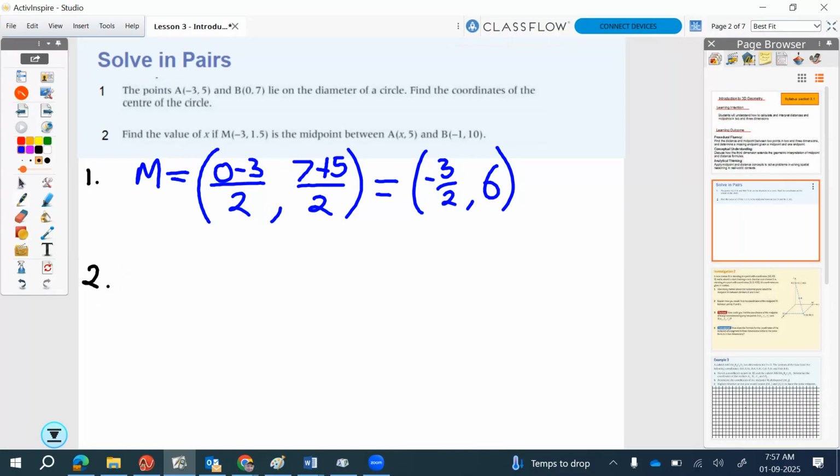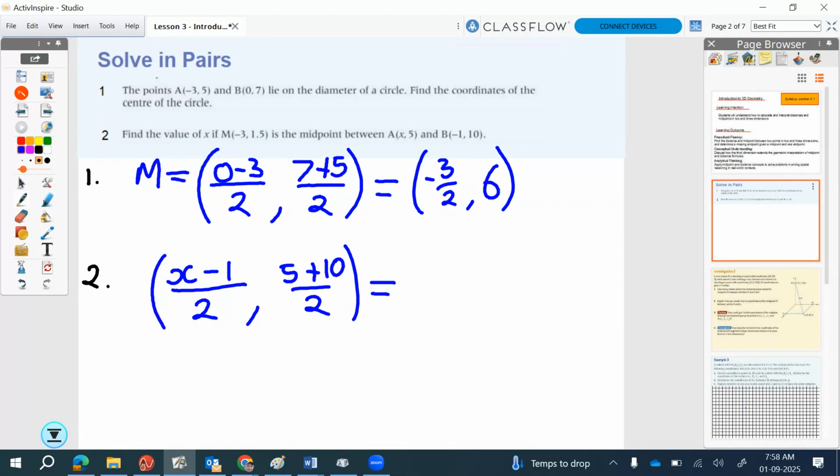We have got two x values. So we've got x1, which I'll have as x, and we'll have x2 as -1. We add them together, divide by 2. We take these two in the same order. We've got 5 plus 10 divided by 2, which has to equal the midpoint, which is -3, 1.5.